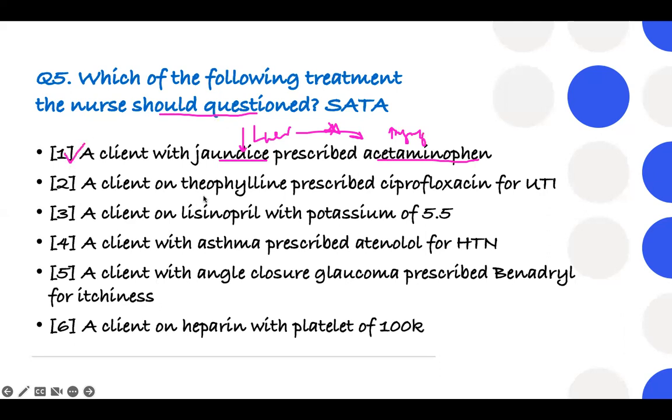A client on theophylline prescribed ciprofloxacin for UTI. What is the connection? Theophylline is a medication for asthma. This is for maintenance, but it's a very dangerous medication. It has a very narrow therapeutic value basically, and therefore you have to check labs frequently.